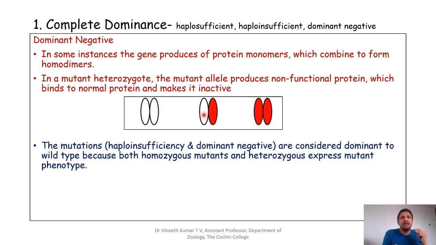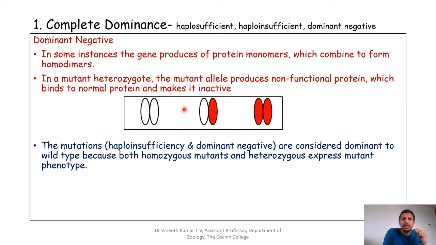So these are the three different types. The haplosufficient is the normal Mendelian inheritance, and these two are the deviations from the normal Mendelian inheritance, or just the reversal of normal Mendelian inheritance due to dominant mutations. Here you have to keep in mind that it is better not to use dominant and recessive alleles.